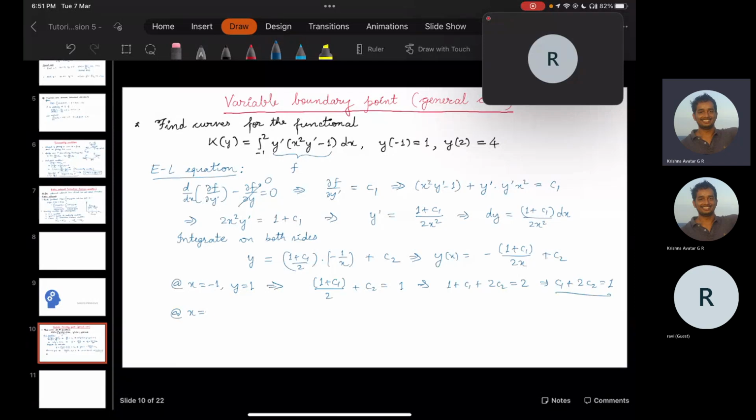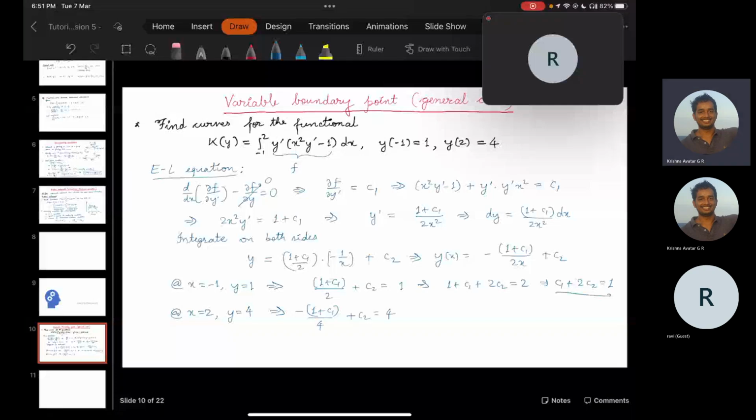And the second is that x is equal to 2, y is equal to 4. So this implies that 1 plus c1 divided by 2 into 2, which is 4, plus c2 is equal to 4.